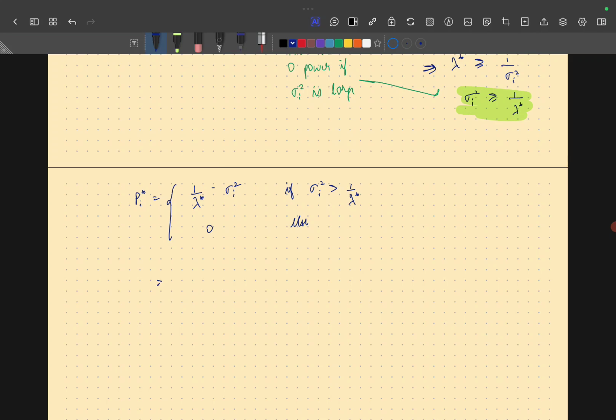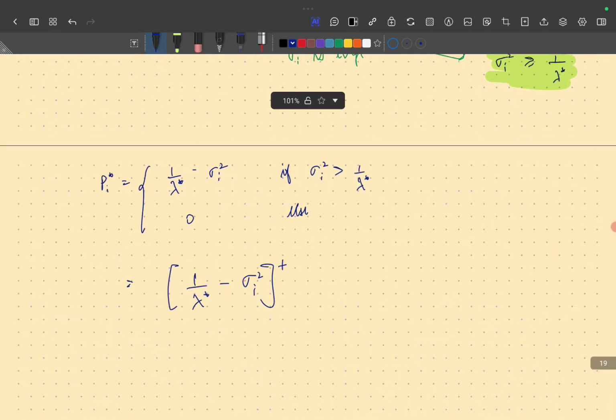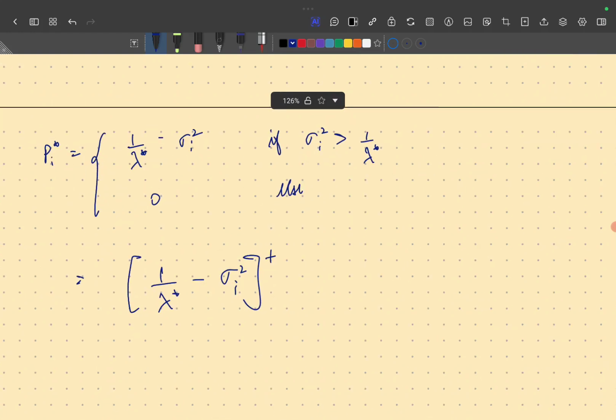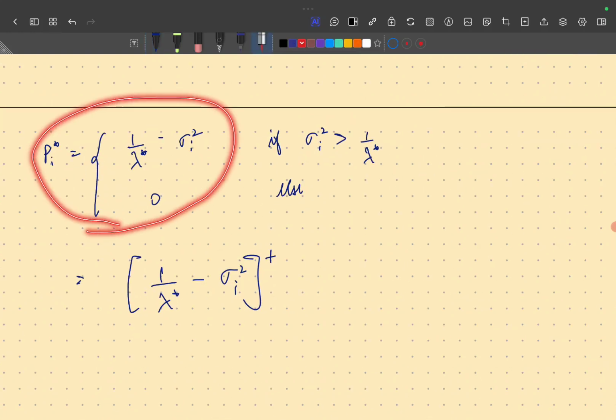In other words, this is just equal to the positive part of 1 by lambda star minus sigma i square. This notation denotes exactly this: it's equal to this if the quantity is positive and equal to 0 otherwise.